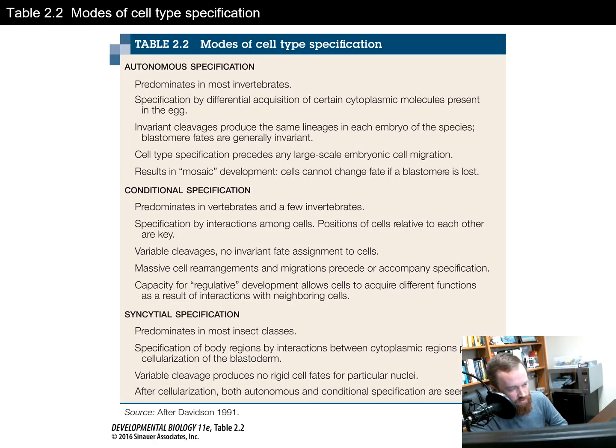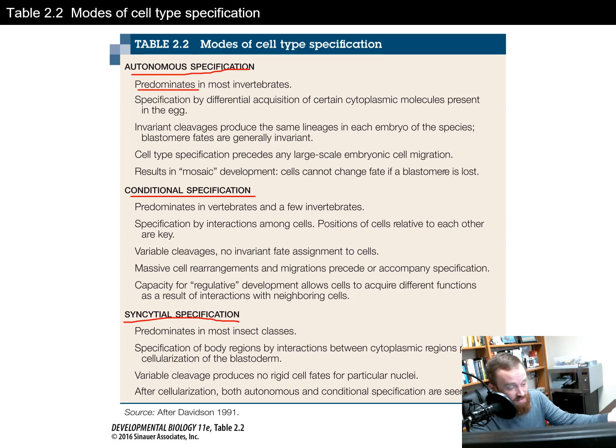So we talked about those three different types of specification: autonomous specification, conditional specification, and syncytial specification. Now, it's important to note that these predominate in most invertebrates. Mostly autonomous specification is in invertebrates like the sea squirt.